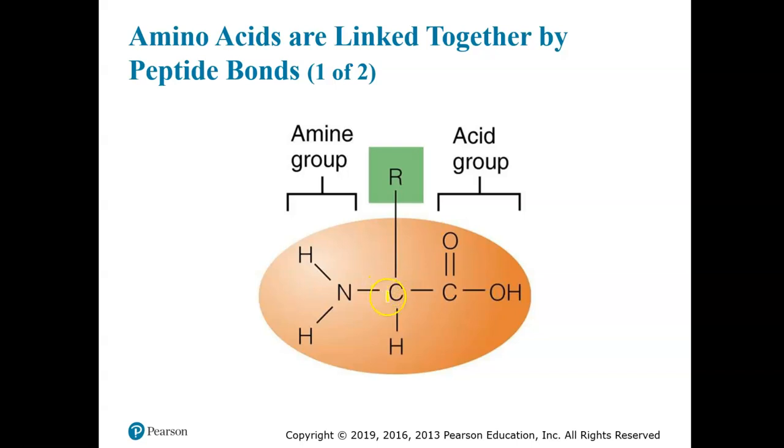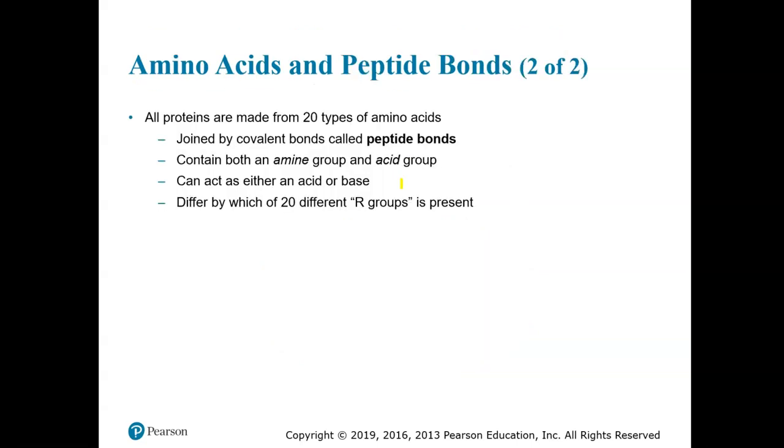It has a central carbon, then it's got a hydrogen group, an amine group, which is a nitrogen and 2 hydrogens, and then an acid group, which is a carbon attached to an OH and an O. This is called a carboxylic acid group. And then any chemical or group of chemicals can go here in place of the R. So the R group is what makes the amino acid. There are 20 different R groups for the 20 different amino acids.